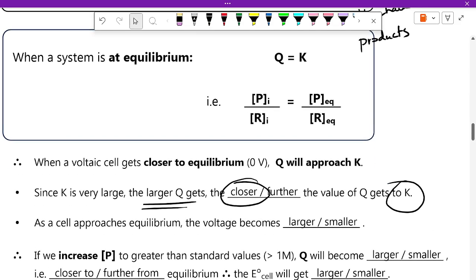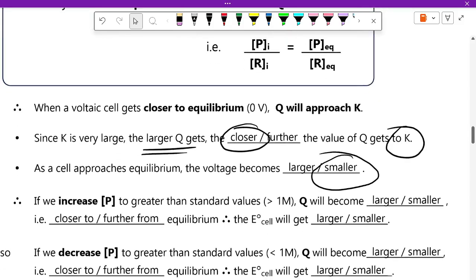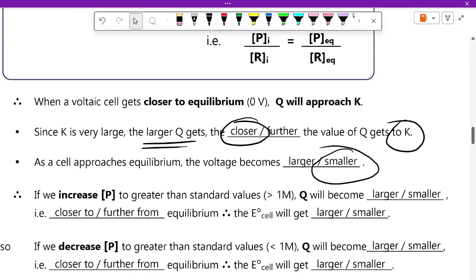As a cell approaches equilibrium, what happens to the voltage? The voltage gets smaller. So if we have had an increase in product, so let's say we've made an electrochemical cell, and instead of making it at 1 molar, who produces ions? The anode produces ions. So say for the anode, instead of having 1 molar in there, I've added 2 molar of my ions.